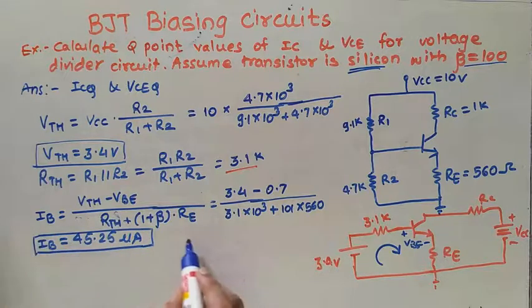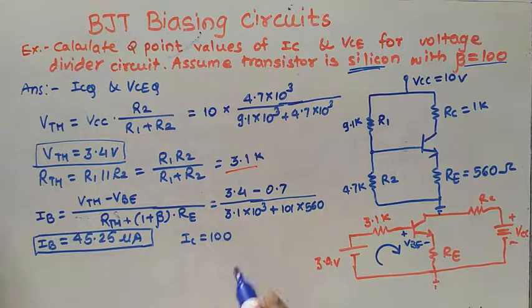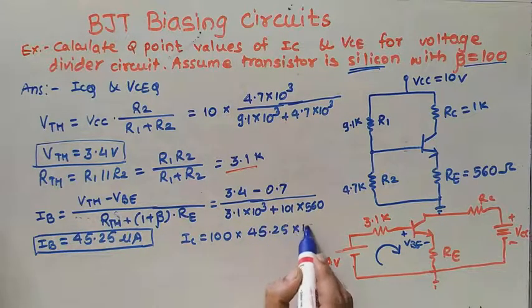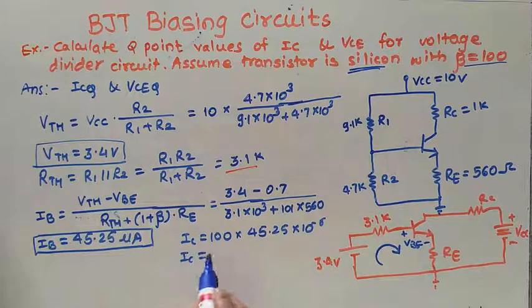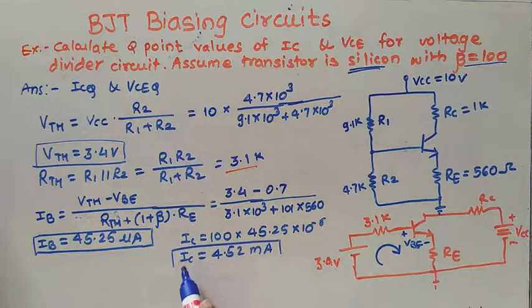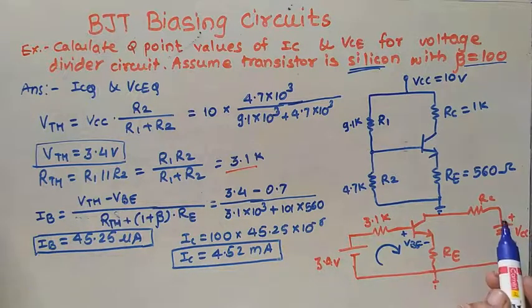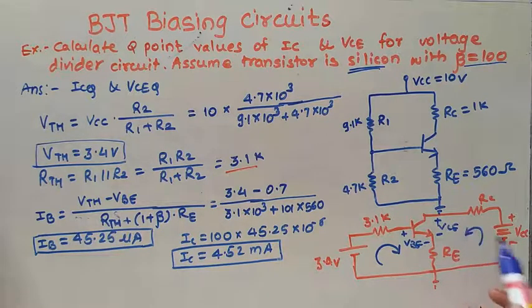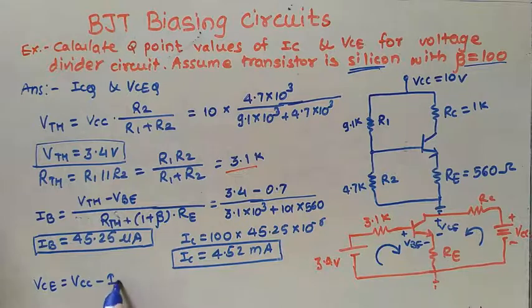After that for IC you will have beta into IB, so 100 into 45.25 into 10 raised to minus 6, so IC will be equal to 4.52 milliampere. And for the collector to emitter voltage VCE, we can apply KVL in this way and write down directly VCE is equal to VCC minus ICRC minus IE into RE.